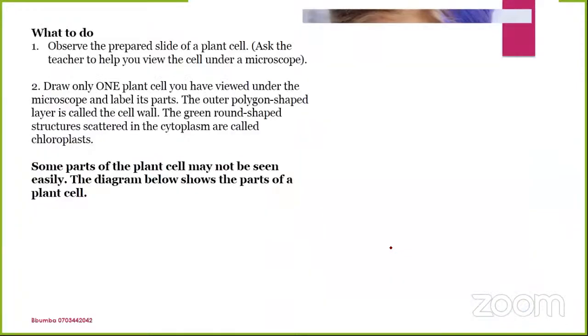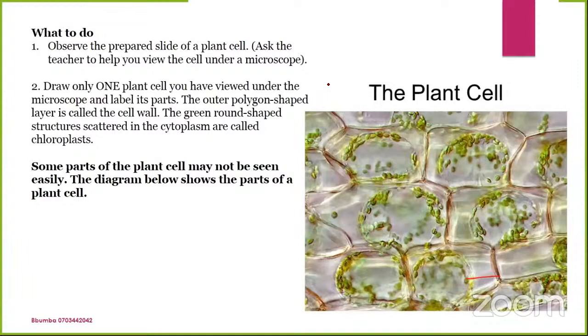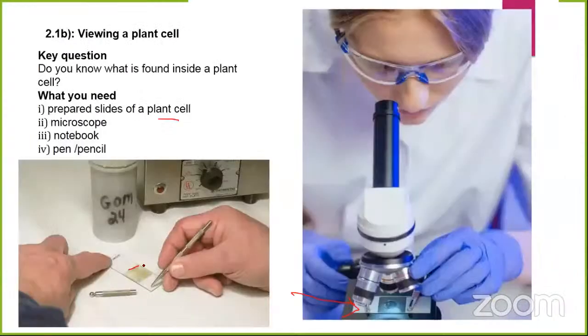Now, when you begin observing the prepared slide of a plant cell, of course, I will help you. This is what you may see inside in this picture. So these are the different cells that you can see, and then you draw only one cell, because these are many. You can see here, the sample is going to be small only on this part. Actually, it may only be there where I've circled, but when you observe through the microscope, you find that you're going to see very many cells.